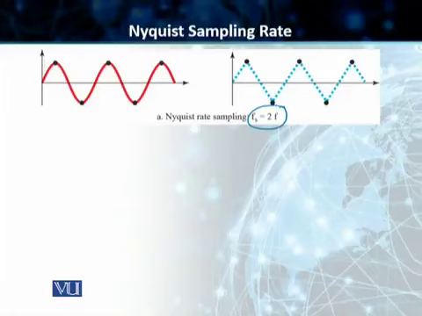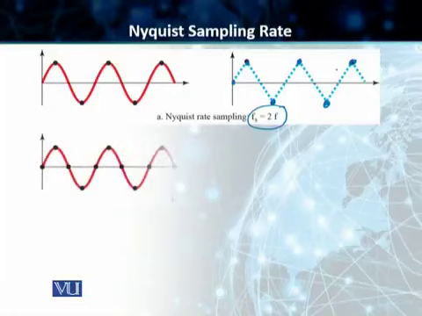So we are sampling it at twice that f, and students, as you can see, the samples that we get are these. We can see that we are able to reproduce an estimate of the input analog signal by using this sampling frequency, which is twice f.